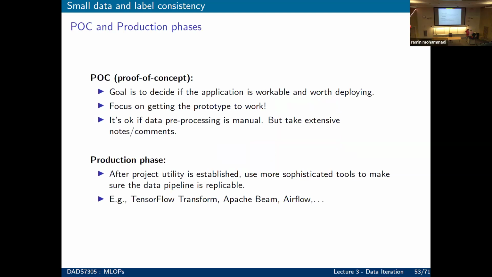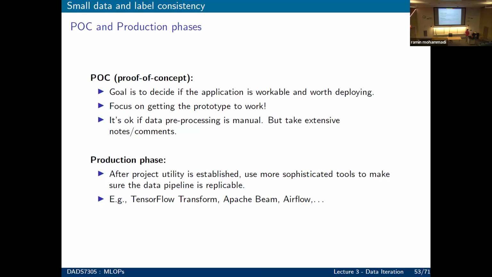Now, when you try to write code, there are technically two phases, especially in machine learning. One is the POC, proof of concept, which is the phase of a project where you want to prove this project is worth spending money and time on. The idea that we have will work.